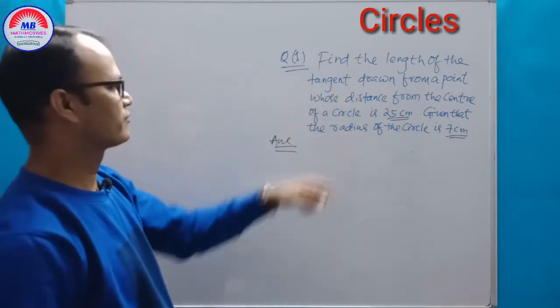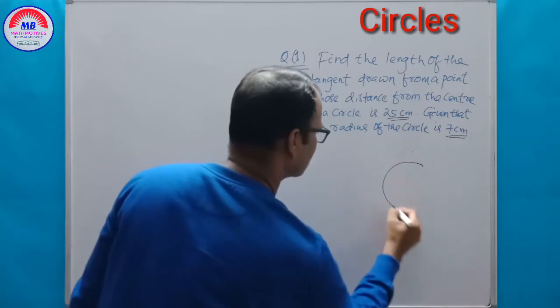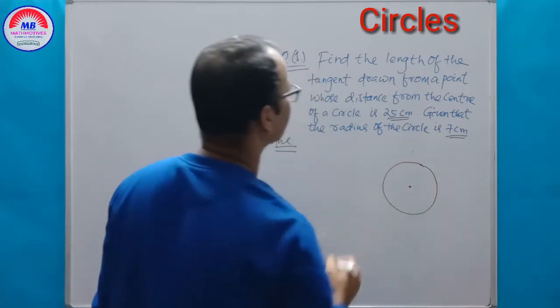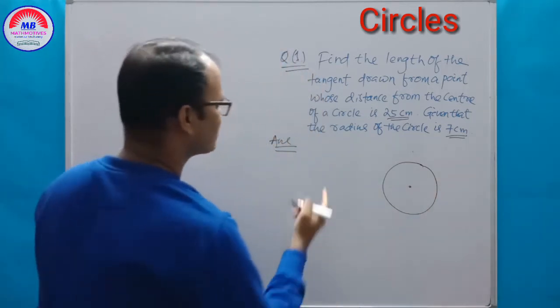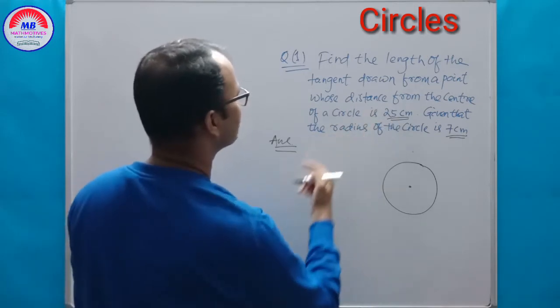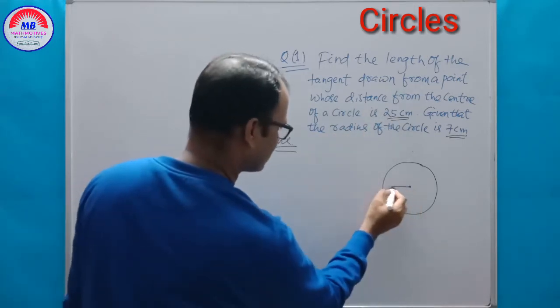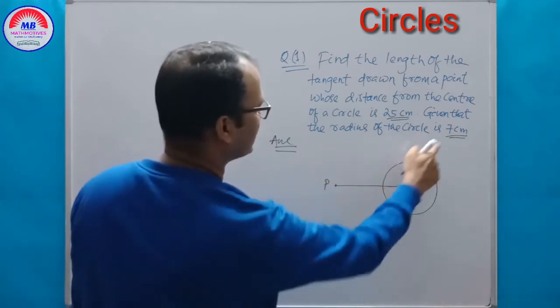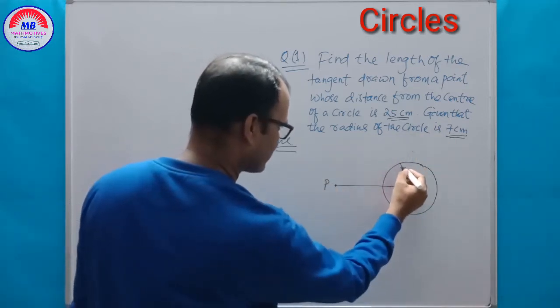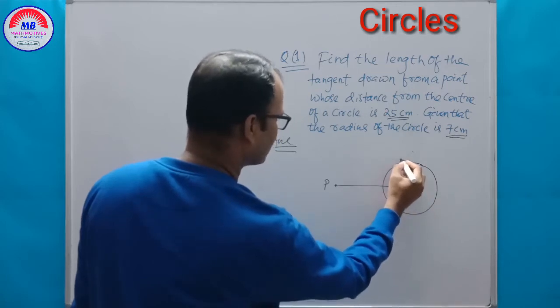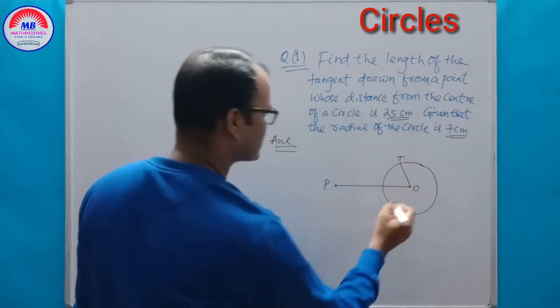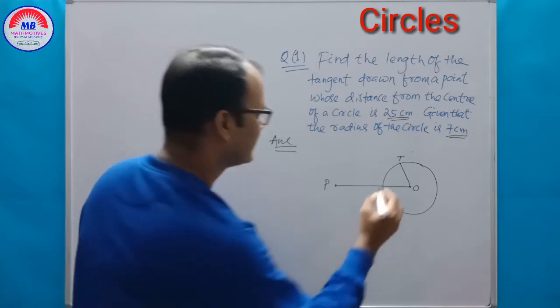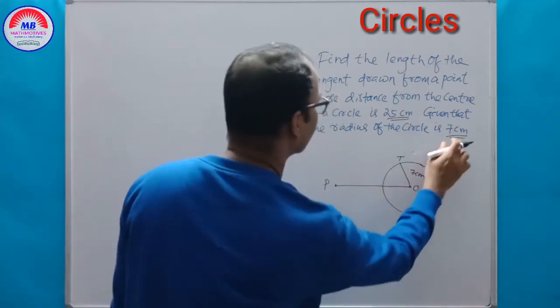This is the circle, and the distance from the center of the circle is 25 cm. The point will be P, the radius given is 7 cm, the tangent touches at T, and the center is O.